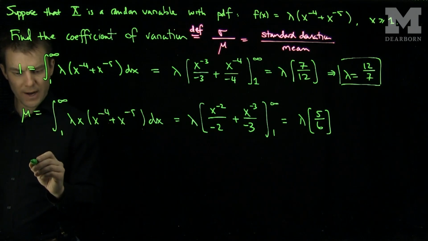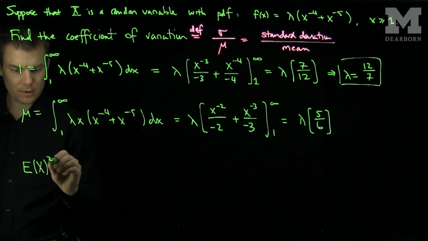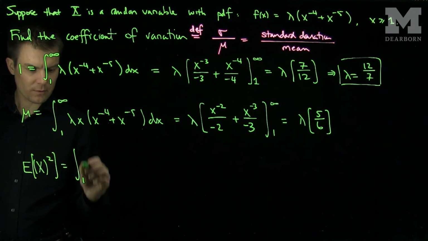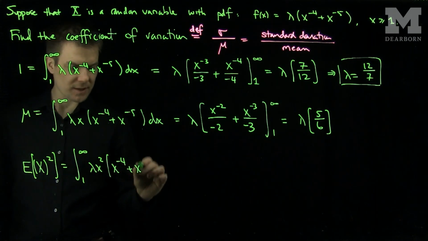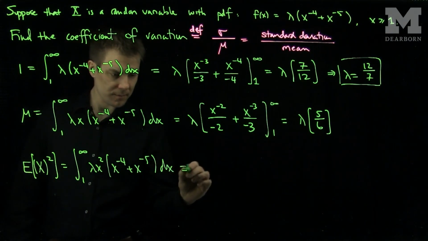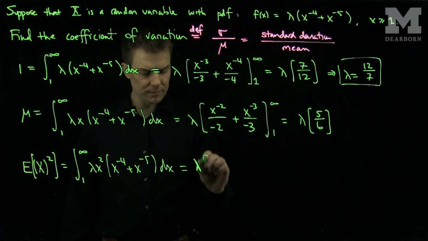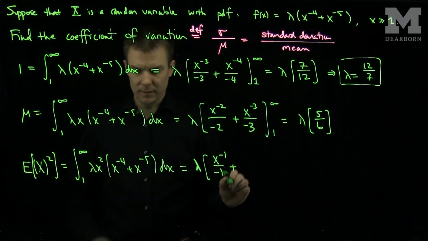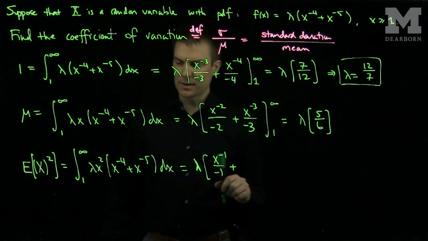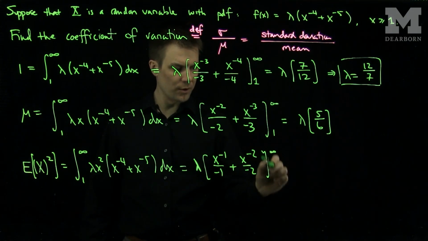And so now we'll find the second moment. The second moment is the expected value of x squared. This is the integral from 1 to infinity of lambda times (x to the negative 2 plus x to the negative 3) dx. The antiderivative of x to the negative 2 is x to the negative 1 over negative 1, and the antiderivative of x to the negative 3 is x to the negative 2 over negative 2, from 1 to infinity.